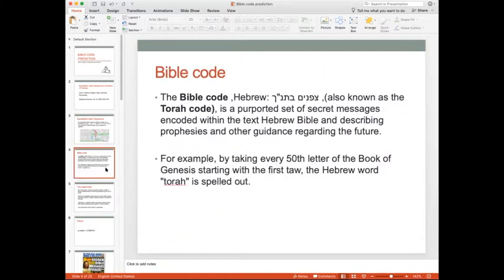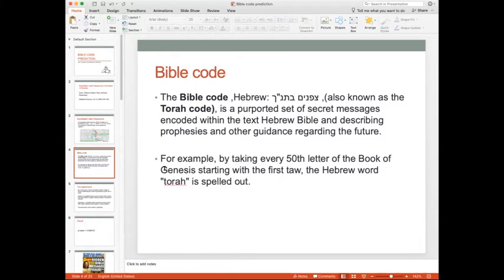And so the idea is that in the Bible, there's a hidden message, formatted in these equidistant letter sequences. The Bible code is also called the Torah code. It's a purported set of secret messages encoded within the text of the Hebrew Bible and describing prophecies and other guidance regarding the future.